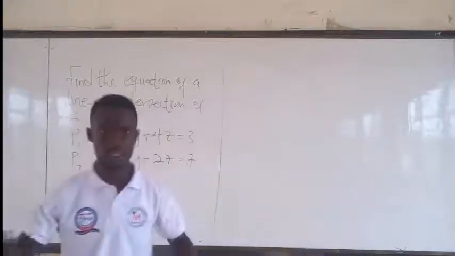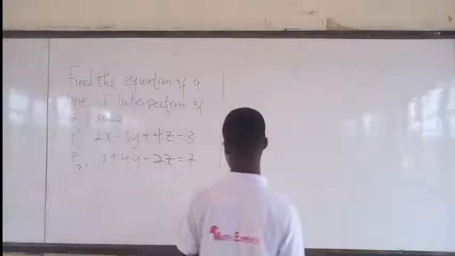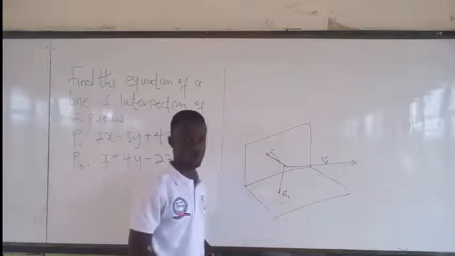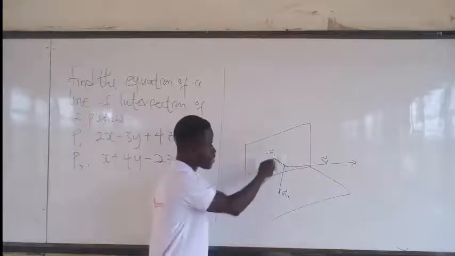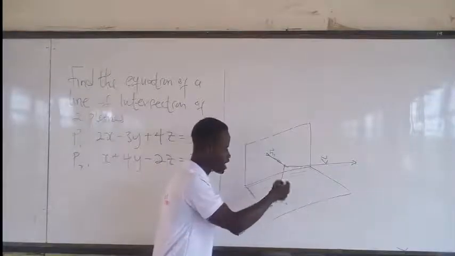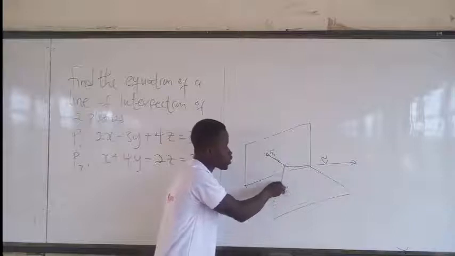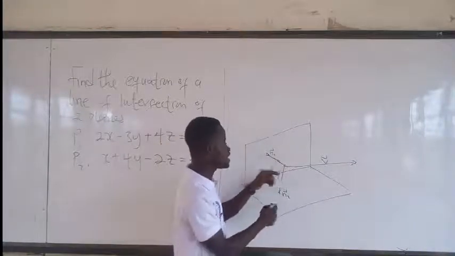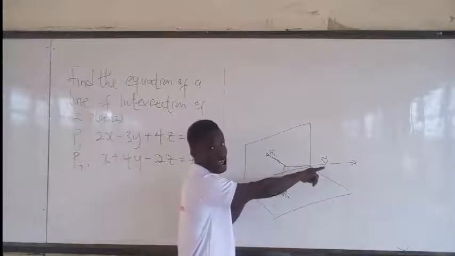So it's going to be like this. Watch. There is a plane 1 and there is a plane 2. So we can see that a perpendicular line can form here, and a perpendicular line 2 can also form under this second plane. So you see that when these two meet, a direction vector will form.